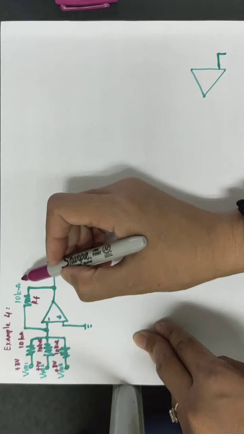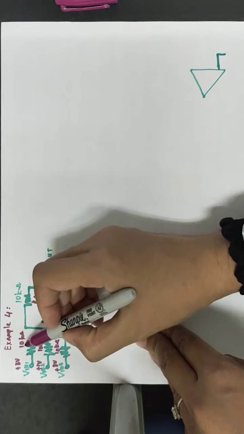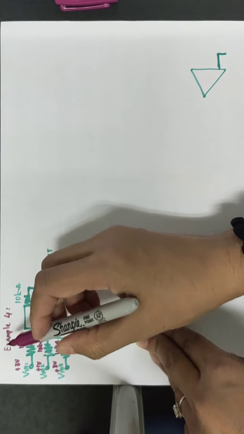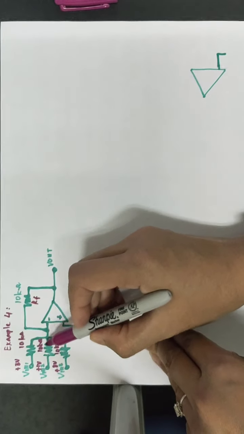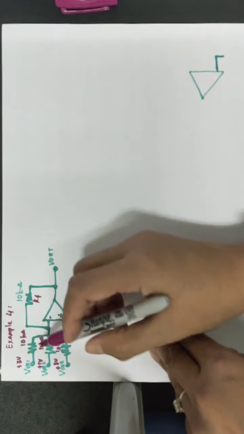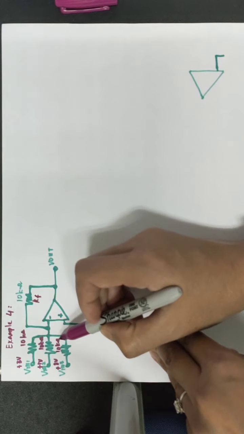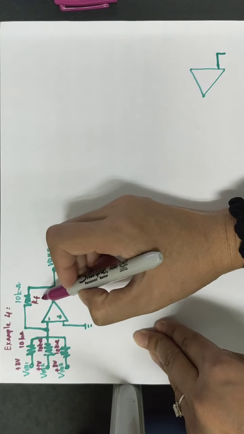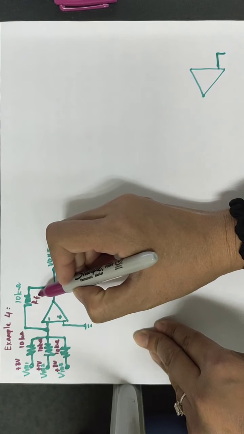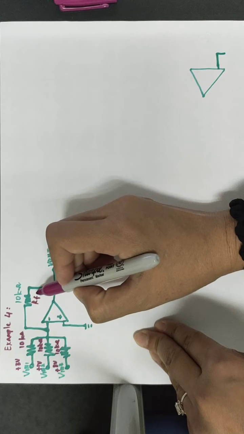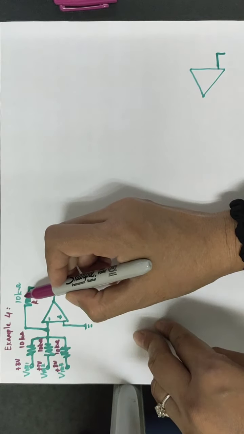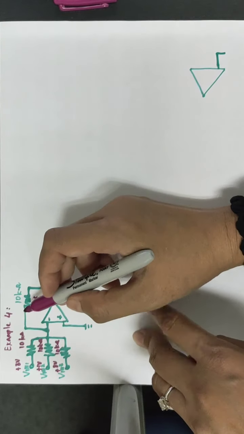In this case, the input resistors are 10 kilo ohm each. This is the output. This is the reference. This is the feedback resistor, which is 10 kilo ohm, the same value.